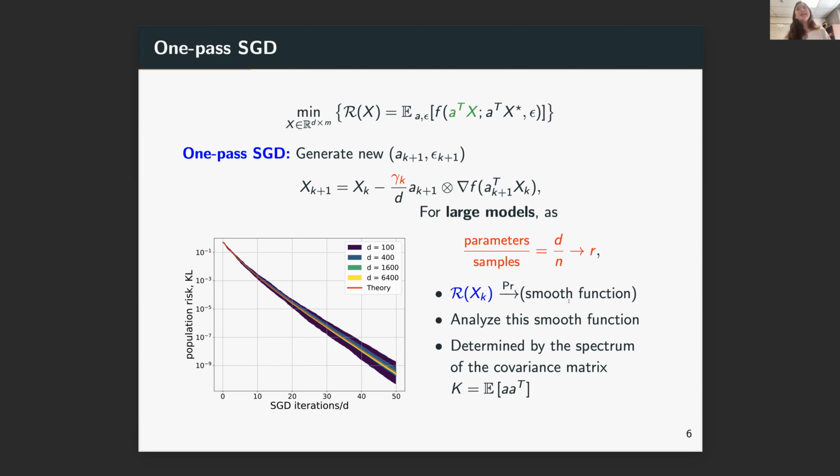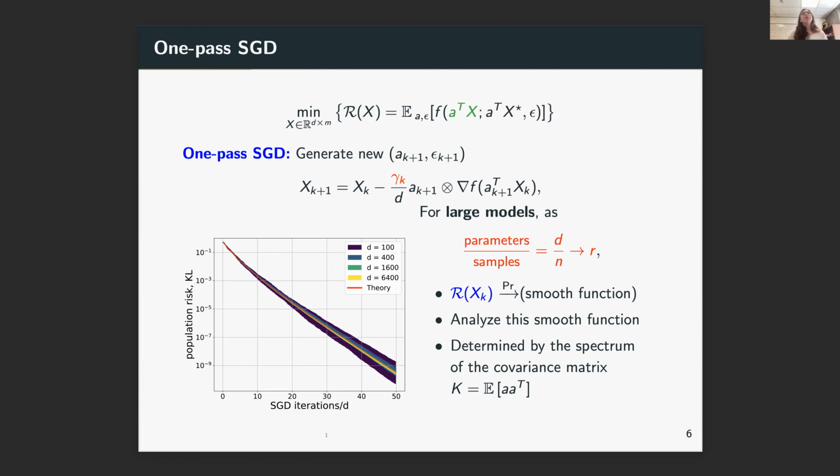This function is completely analyzable, and it's determined just by the spectrum of the covariance matrix of your data. That's what you see in this picture on the left. This is logistic regression. I'm plotting the population risk, or the KL, and on the x-axis is the SGD iteration.